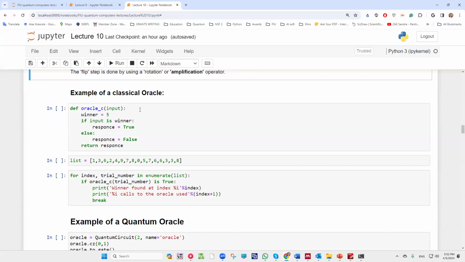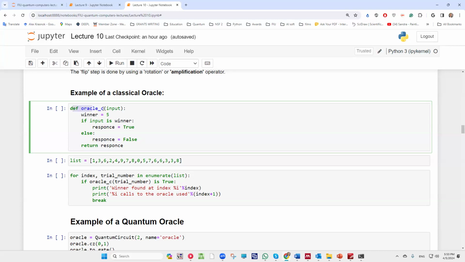Okay, a few words about the oracle. So let us define the simplest oracle, whose purpose is to search for a particular element in an unstructured list, and let's say this element is 5.